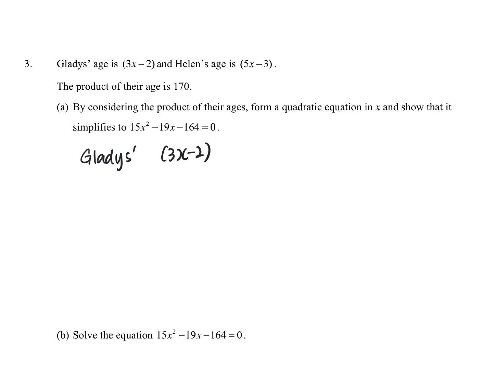Then Helen's age. Helen's age is 5x minus 3. This is what they tell me, right? Now the keyword over here is product. What does the word product mean? Product means to multiply. The product of their ages is 170.